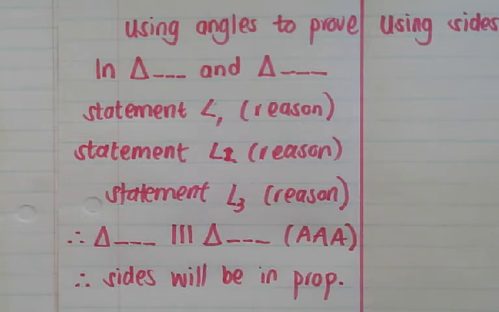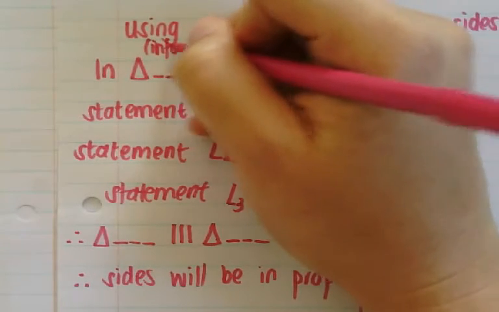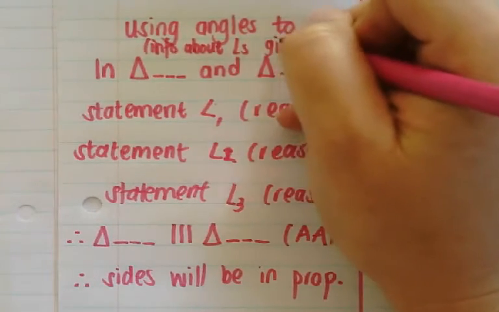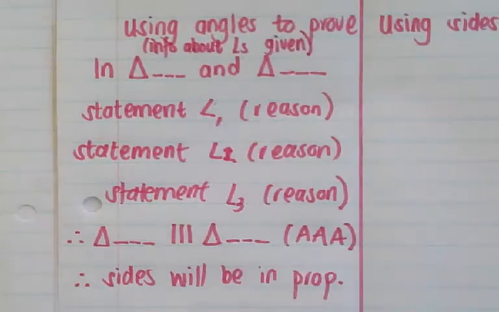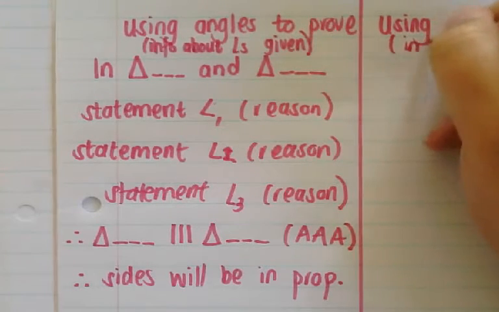And we will obviously practice it quite a few times. I'm just going to write here info about angles given. And if I'm using sides in proportion, well then I'm going to be given info about the sides.